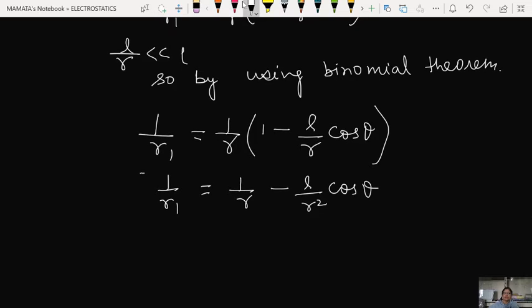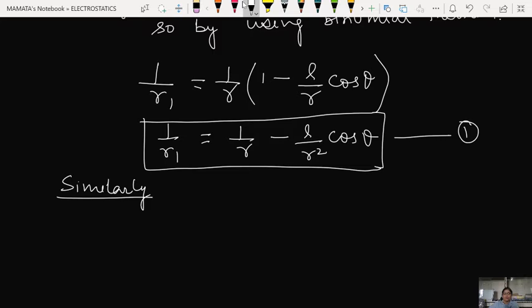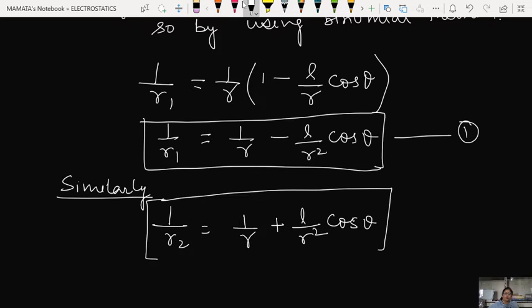Suppose this is equation 1. Similarly, from the same process, we can write 1 upon R2 equals 1 upon r plus l upon r square cos theta. This is equation 2.